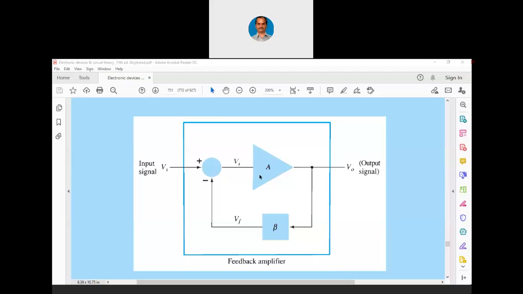The signal's energy will not be utilized by the amplifier at all. For its working, the amplifier will derive its energy only from the power supply. That is why ideally an amplifier should have a very high input impedance. At the same time, ideally an amplifier should have a very low output impedance, or ideally 0. Ideally Zi must be infinity, Zo must be 0. That is the indication of this triangle symbol.